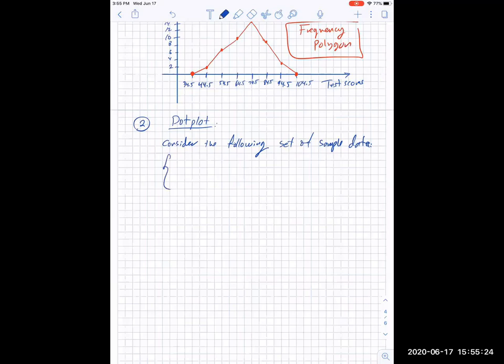Let's see how we're going to graphically represent this sample data.